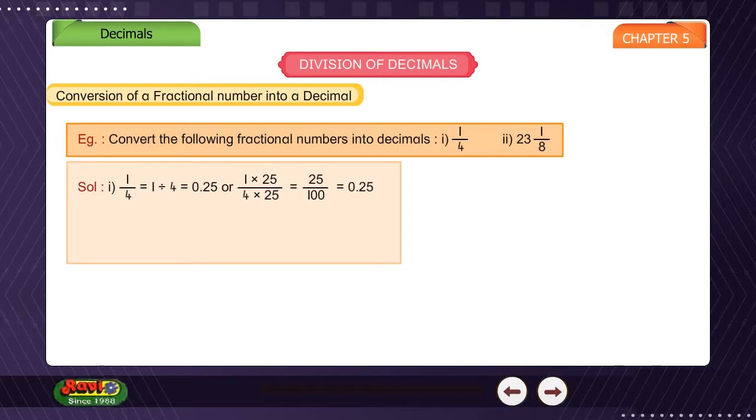Solution. 1. 1 by 4 is equal to 1 divided by 4, is equal to 0.25, or 1 into 25 by 4 into 25, is equal to 25 by 100, is equal to 0.25. 2. 23 1 by 8 is equal to 185 by 8, is equal to 185 divided by 8, is equal to 23.125.